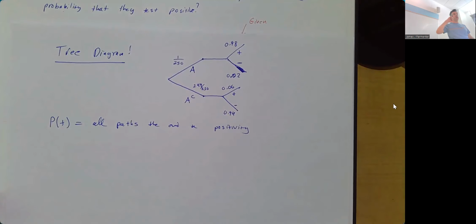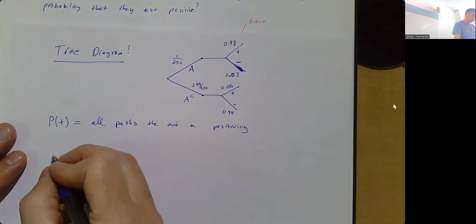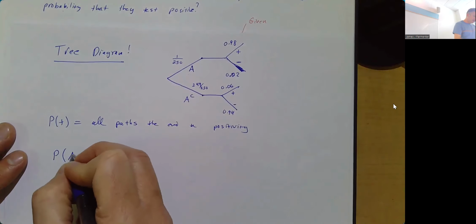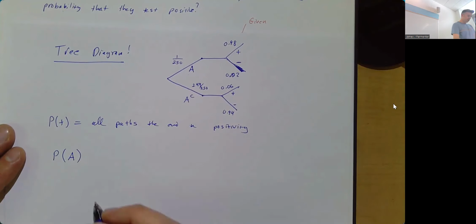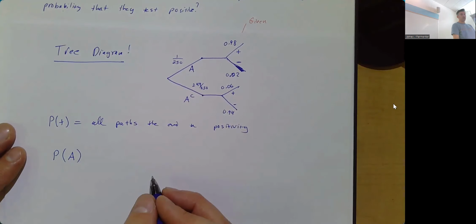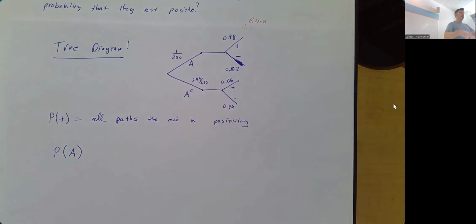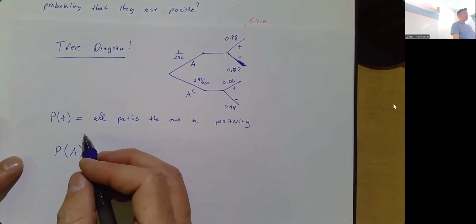So it's really important when you say these things and write these things down that you pay attention to the words you are saying in your head. So this is going to be the probability of having the disease. You don't actually need to write this down unless you want to, but what I'm pointing out is that we know what these are going to be.